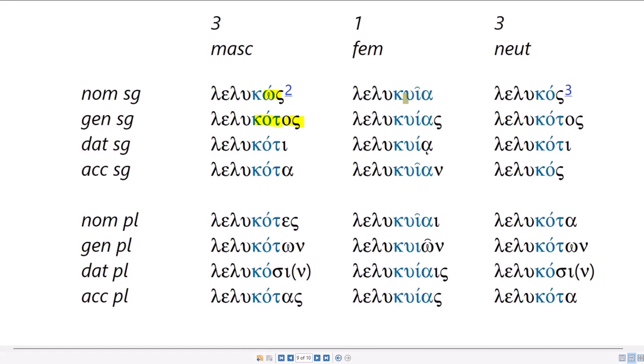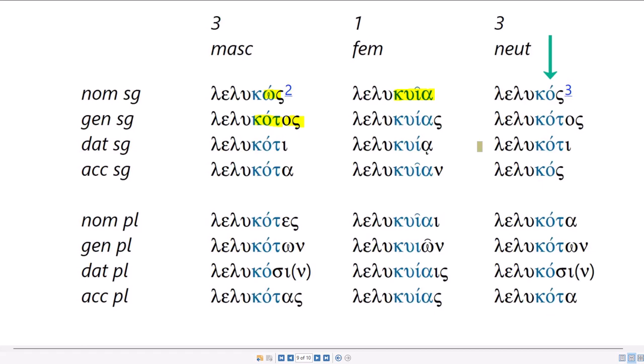For the feminines, we said that the tense formative plus the participle morpheme would come out to κυια, and we see that all the way down the first declensions here, α, ας, α, αν. For the perfects, they're all alpha endings, and that's one first declension pattern. And then the plurals are normal. And the neuter is just a normal third declension.